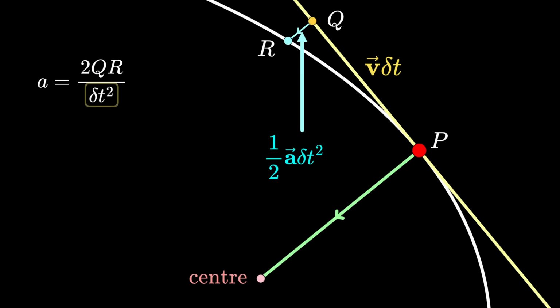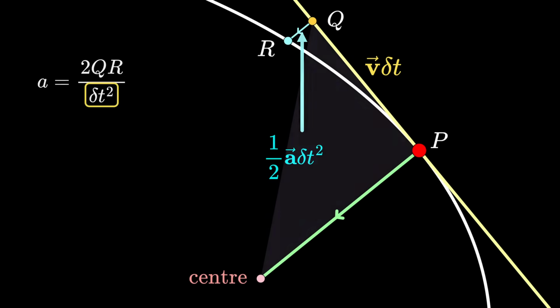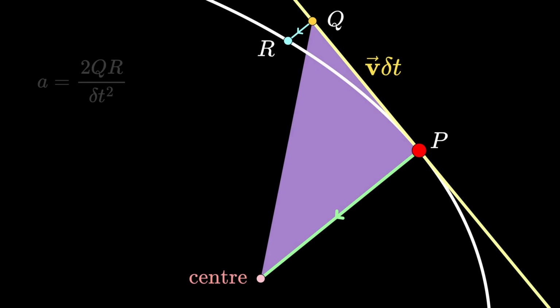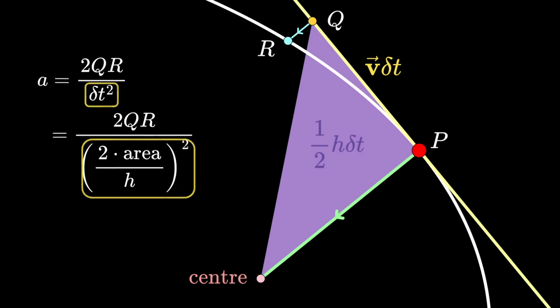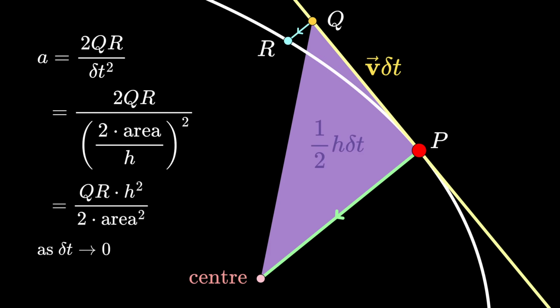But delta t is not a geometric quantity itself. Don't worry, from the first fact we have discussed earlier, we know that the area of this triangle bounded by Q, P, and the center is half angular momentum times delta t. So we can replace our delta t by twice the area of this triangle divided by h. A bit of rearranging gives the acceleration to be QR times h squared divided by twice the area squared.